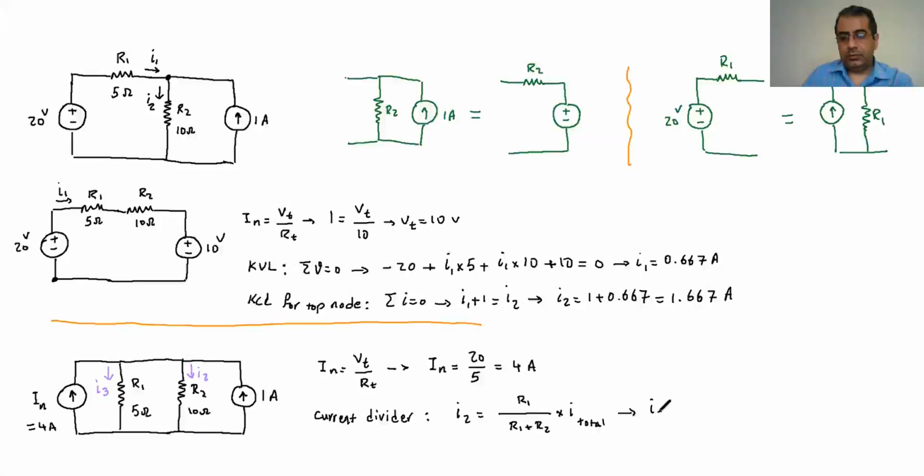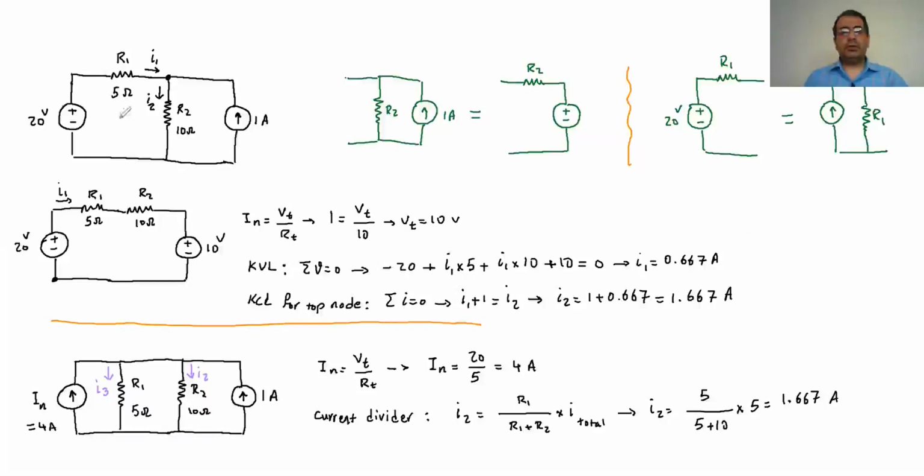So I2 is R1, which is 5, over R1 plus R2, which is 5 plus 10, and the total current is 5 amp, with 4 amp here and 1 amp here. If I have written everything right, it should come out at 1.6, the same as what we have here.